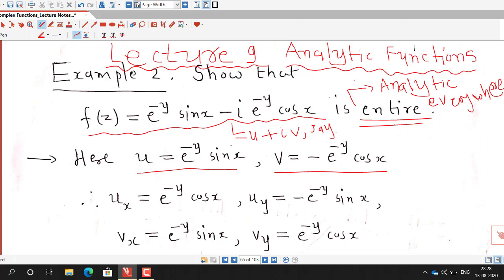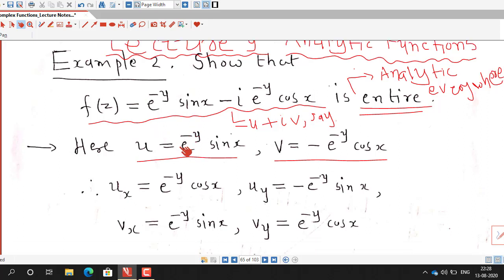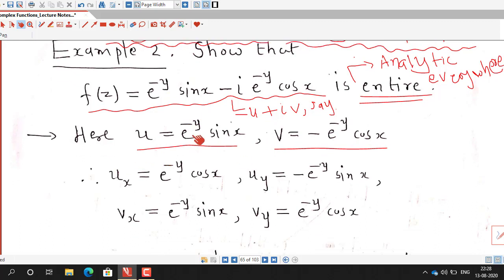So to decide the analyticity, first we have to decide at which points the given function is differentiable, and for differentiability we will first decide at which points Cauchy-Riemann equations are satisfied. So for that we have to find our partial derivatives of u and v. So u is e raised to minus y into sin x.